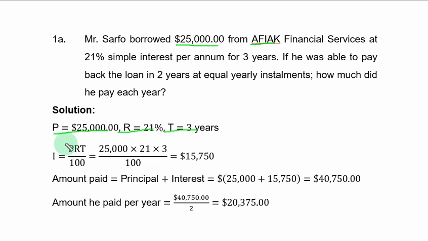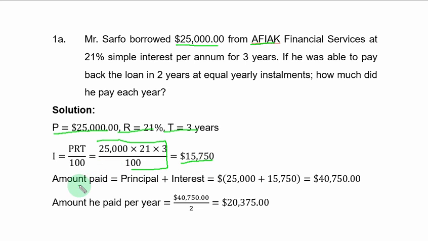Interest is PRT over 100. That is 25,000 times 21 times 3 over 100, and that simplifies to $15,750.